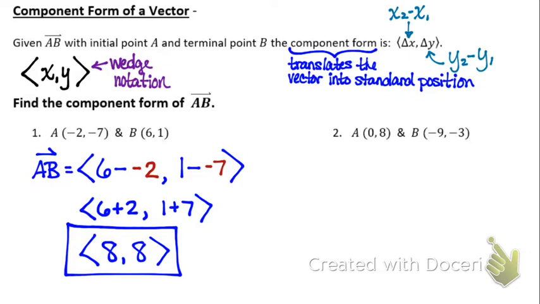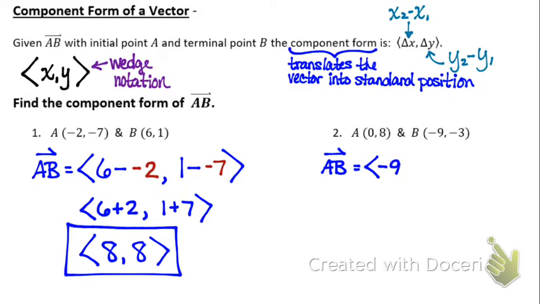Let's do the exact same thing on number 2. I want to find component form for this vector. So use my wedge notation. How do I find the change in x? Subtract. Tell me what two numbers to subtract. Close.